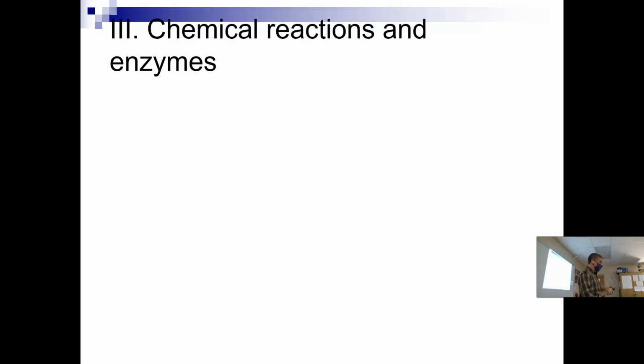Because some chemical reactions, typically the ones that are breaking more bonds than they're forming, release energy. And some of them, typically the ones that are forming more bonds than they break, are storing energy. Anybody know the words that mean those two things? Energy storing, energy releasing? Kinetic energy is sometimes the type of energy that can be produced.